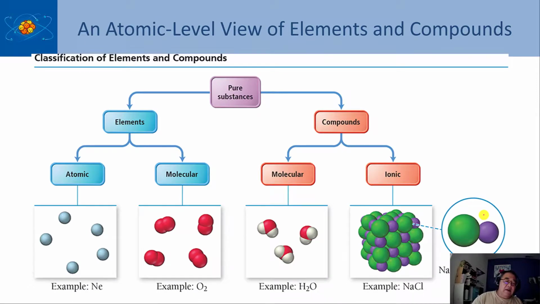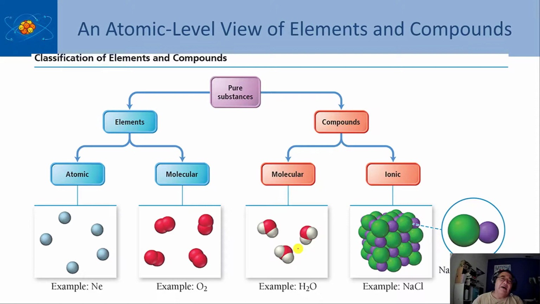Okay, so just a very quick overview, the atomic level view of elements and compounds. Pure substances, we have elements, and then we have atomic elements like neon or iron. We have molecular elements, which are elements that are molecules, and then we have compounds. In molecular compounds, you have distinct units that float around that have a specific number of each type of atom in them.